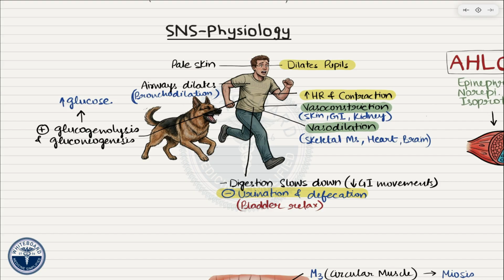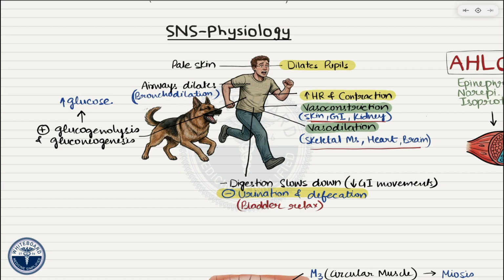Blood flow is maintained or even increased to vital organs and tissues that are essential during an emergency, such as the heart, brain, and skeletal muscles. At the same time, blood flow is reduced to organs that are less important in that moment, such as the skin, gastrointestinal tract, and kidneys.